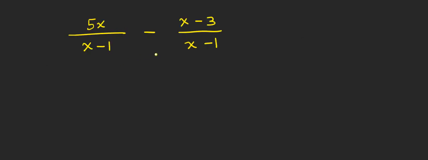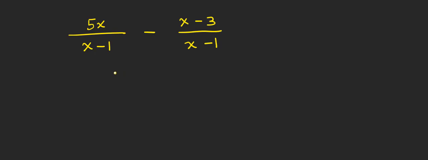I want to make a final comment. Let's say you have 5x over x minus 1 minus x minus 3 over x minus 1. You have a common denominator, so you could subtract. Now be careful though, you have a minus. And you have a quantity x minus 3. So don't forget to distribute the negative.